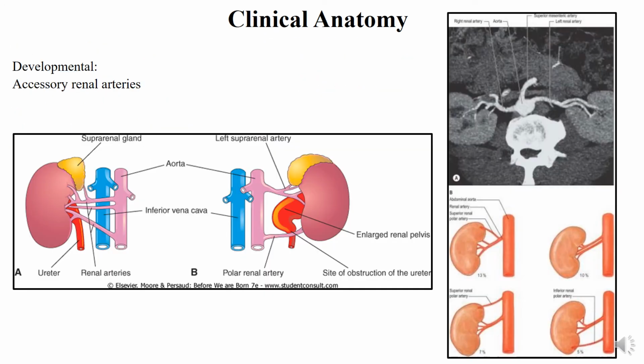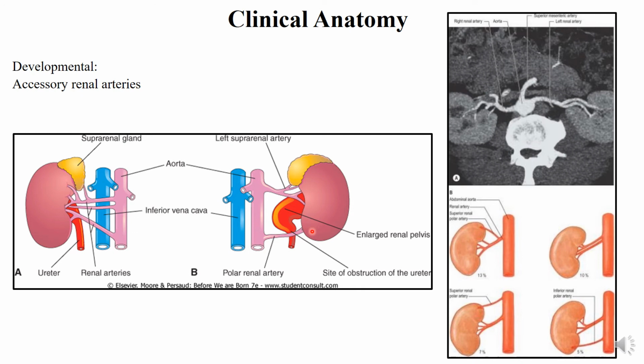During the ascending of the kidneys from the pelvis up to their final site, these embryonic kidneys will be receiving blood supply and venous drainage from the inferior vessels. And what happened actually when the kidney is ascending up, these inferior vessels will degenerate and the superior vessels will take over. So sometimes the inferior vessels will fail to degenerate and this will result in what is called accessory renal arteries.